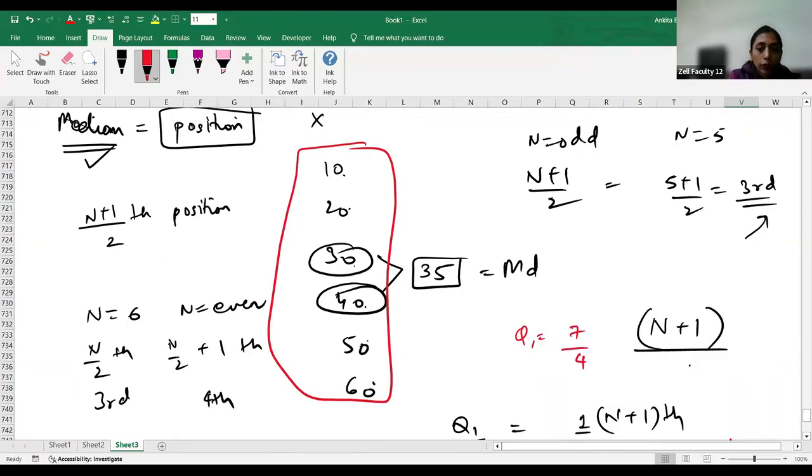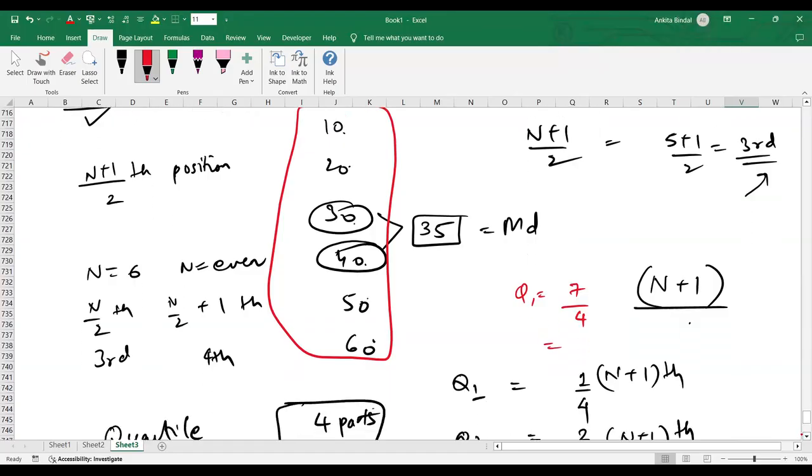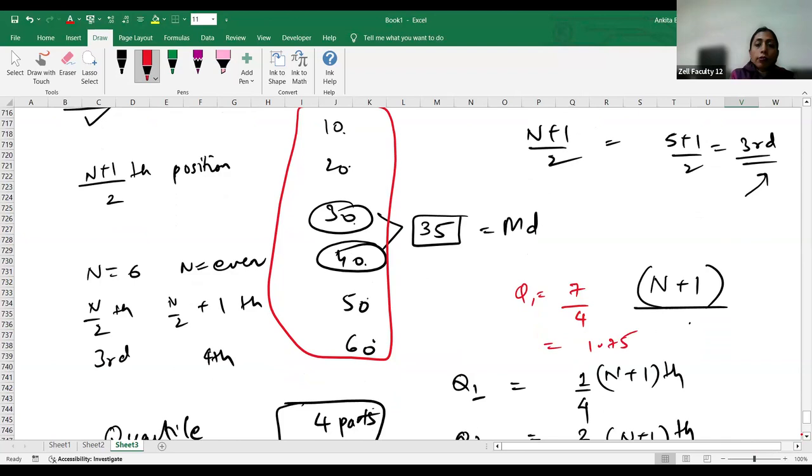So what is 7 by 4? 1.75. So I'm looking at the 1.75th position. This is the first position and this is the second position. The difference between them is 10. Now 10 is representing 1 point.